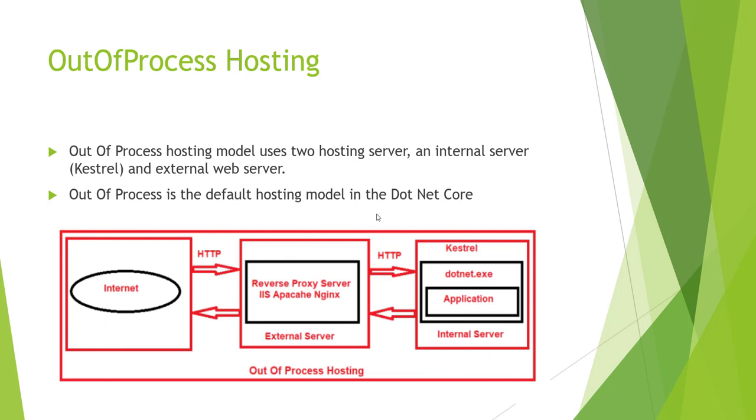as you can see in the figure below. So in order to configure this out-of-process hosting model, we need to set the ASP.NET Core hosting model to out of process. When we set the ASP.NET Core hosting model to out of process and run the application using Visual Studio IIS Express, the IIS Express acts as a reverse proxy server and redirects all the incoming requests to the Kestrel web server. Here the Kestrel web server acts as an internal server and the IIS server acts as an external server.